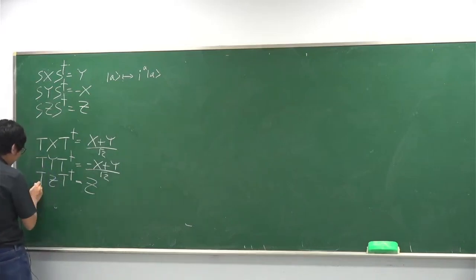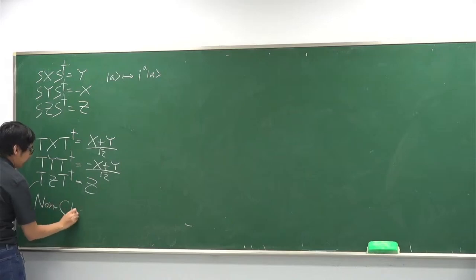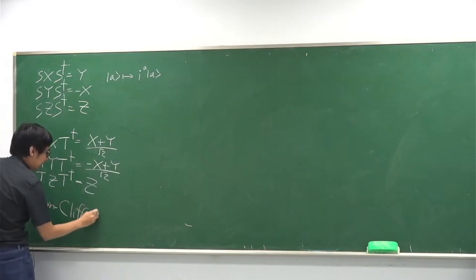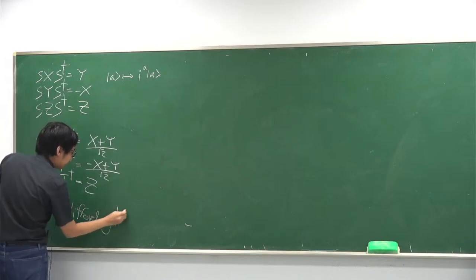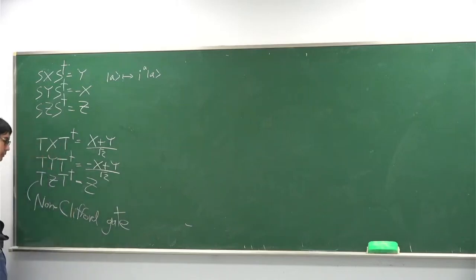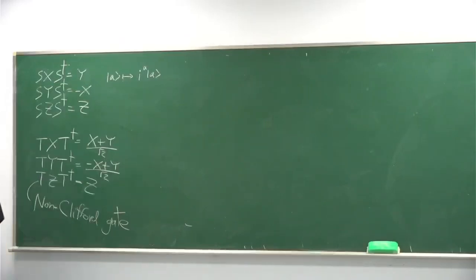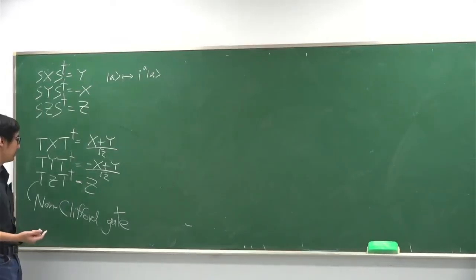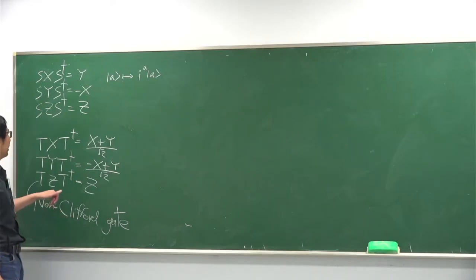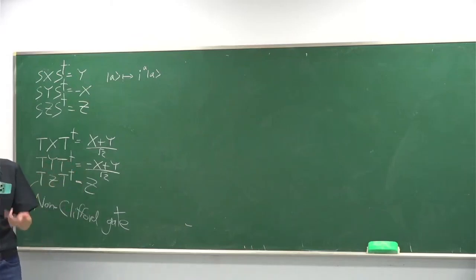So in particular, this is an example of a non-Clifford gate, the T gate. Or to say it another way, which is probably the way that I should have said it, the defining property of what people call a Clifford gate or Clifford circuit is that when you conjugate a Pauli matrix, you get some Pauli matrix back.